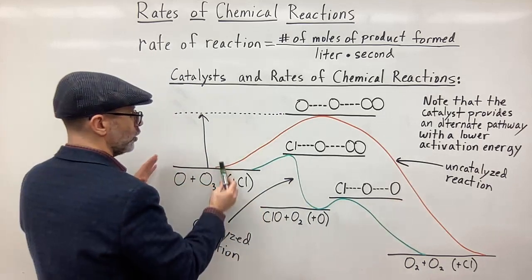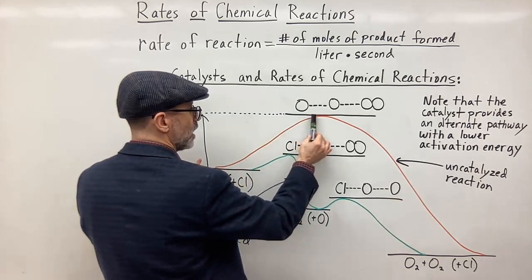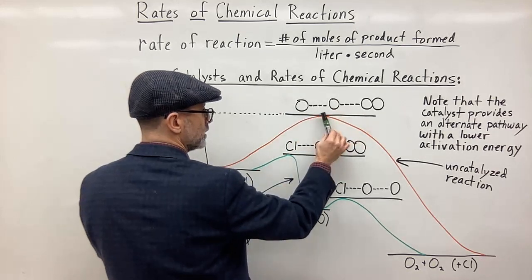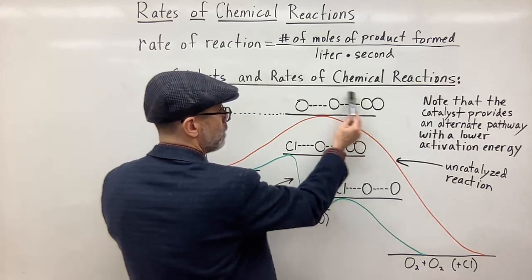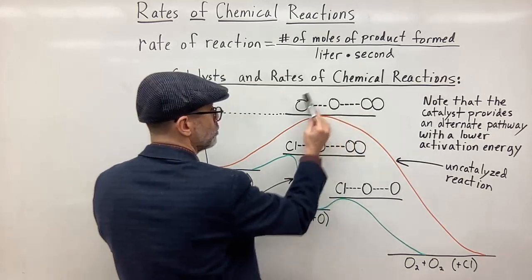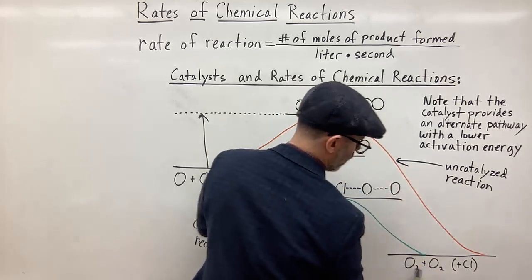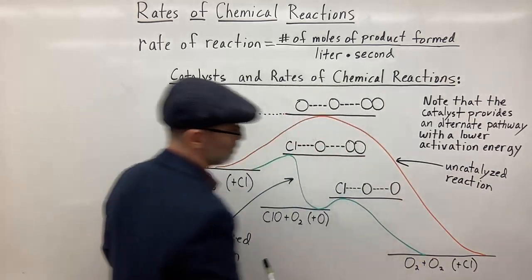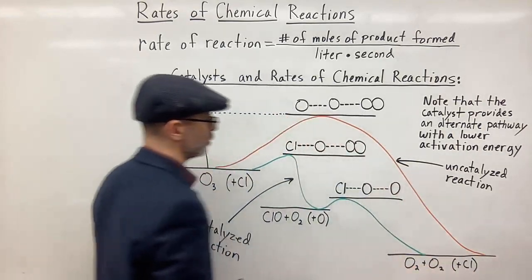You've got to raise the energy this much to get to the activated complex here. And then once you get here, this bond will break and this bond will form, lowering the energy, and then you end up with two oxygen molecules. So this is the uncatalyzed pathway.